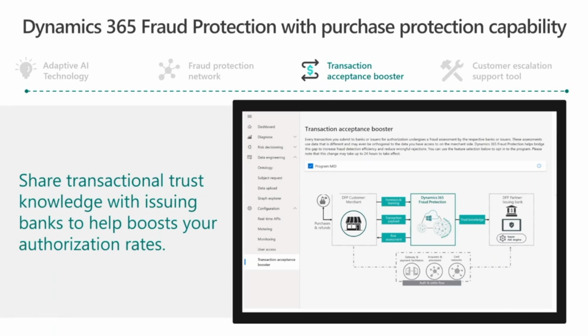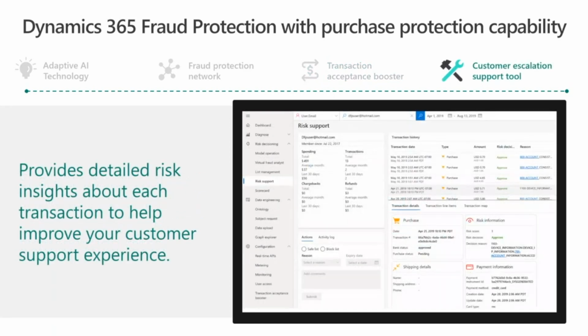Another feature of the product itself is the customer escalation support tool. This view is meant for your customer support agents and gives them all the information needed to evaluate customer escalations, make decisions, take actions to, say, block or unblock transactions quickly and effectively.